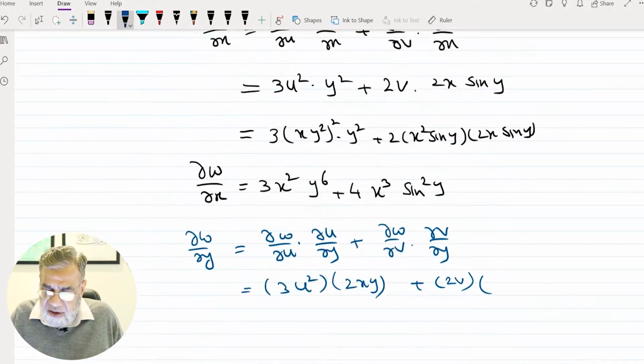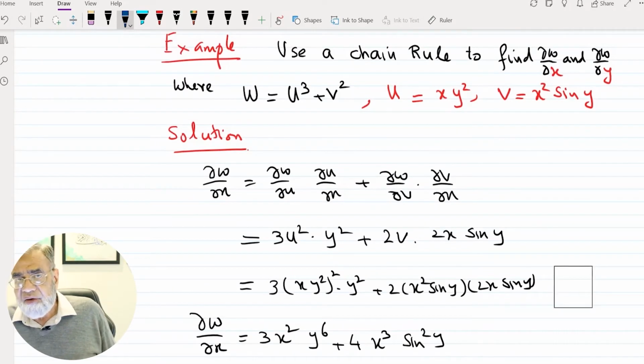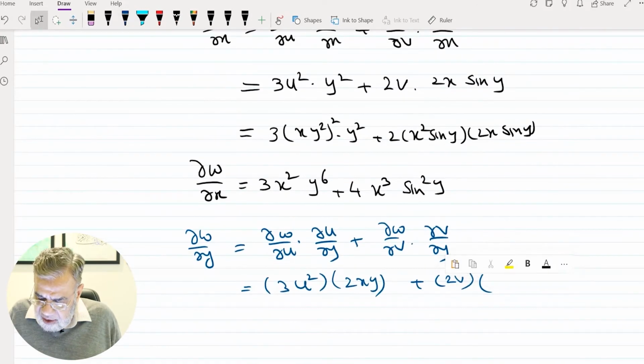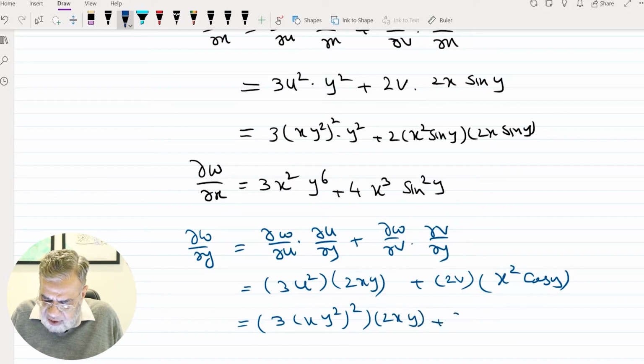And then partial v by partial y. v is equal to x square sine y. With respect to y, the derivative of sine y is cosine y. So I'll get here x square cosine y. Again, I replace my u and v. I get 3 into xy square whole square into 2xy plus 2v, where v is equal to x square sine y, into x square cosine y.